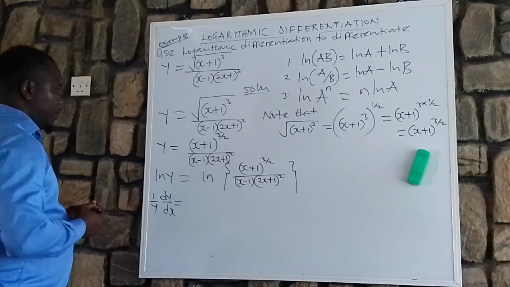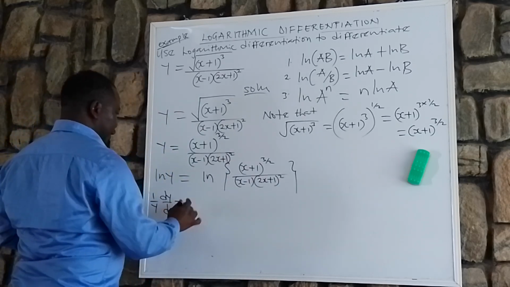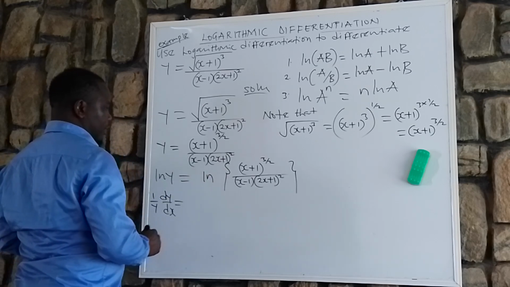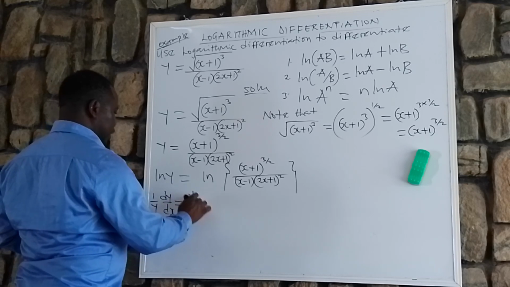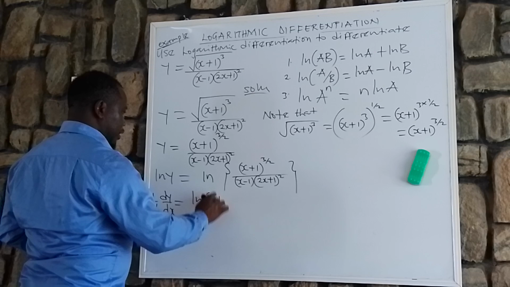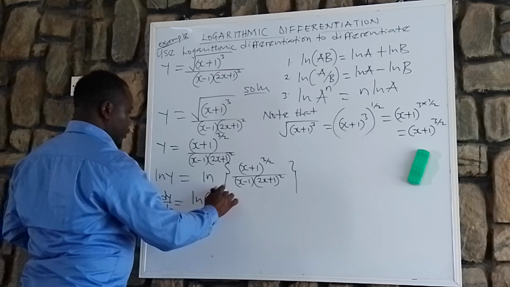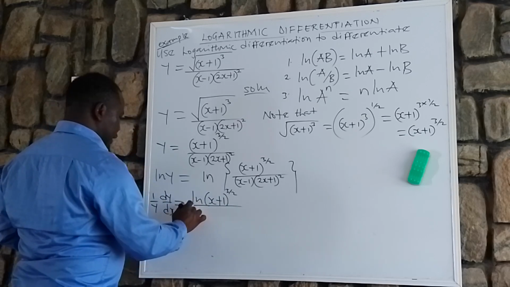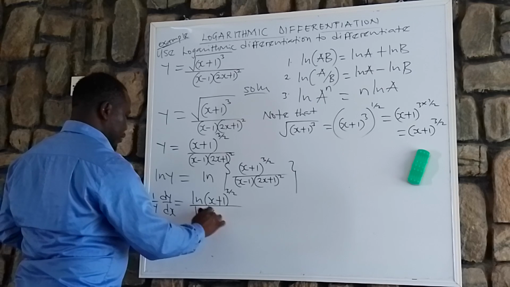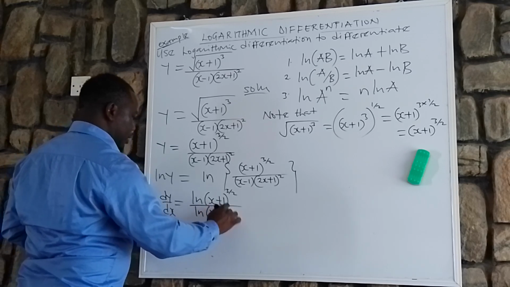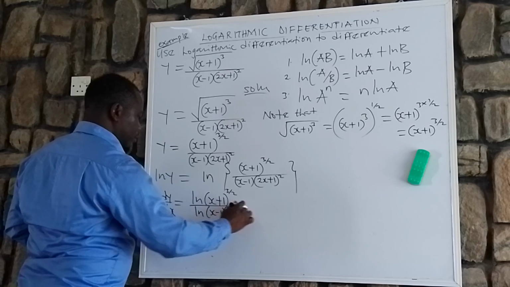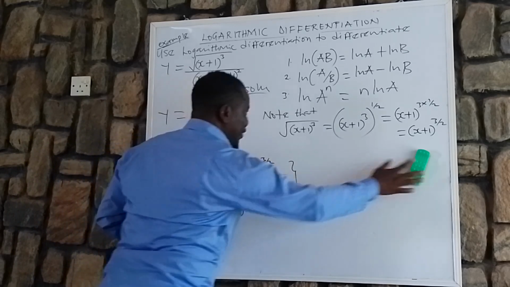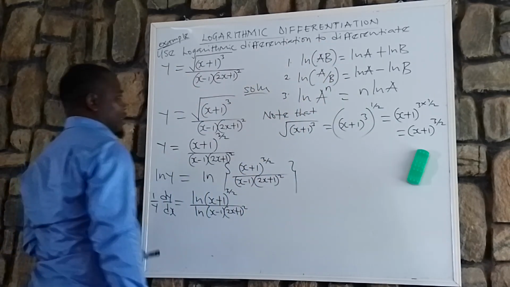Let us have it this way: this is the same thing as ln of (x + 1) raised to the power of 3 over 2 all over ln of (x - 1)(2x + 1) raised to the power of 2. You will see that I will be making use of these 3 laws.